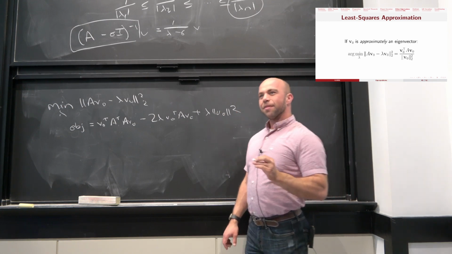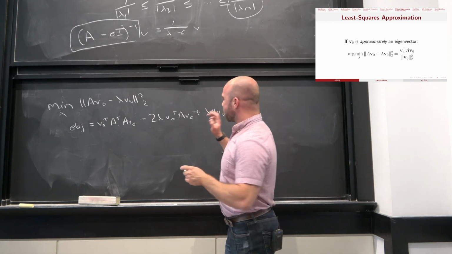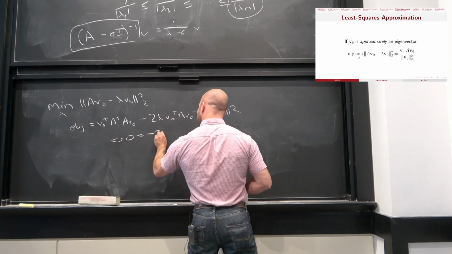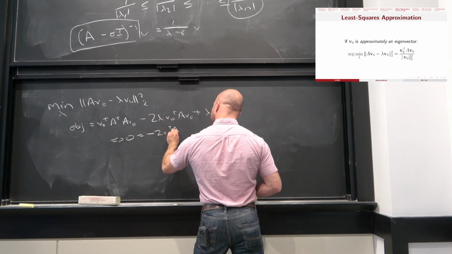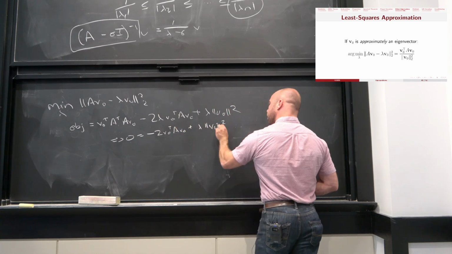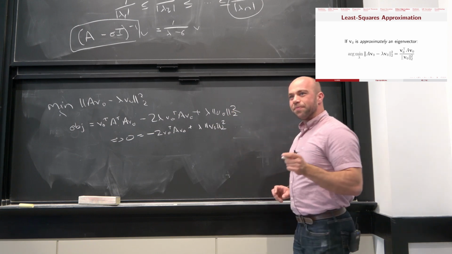We're trying to minimize with respect to lambda, so we want 0 equal to minus 2 V naught transpose A V naught plus 2 lambda times the norm of V naught squared.